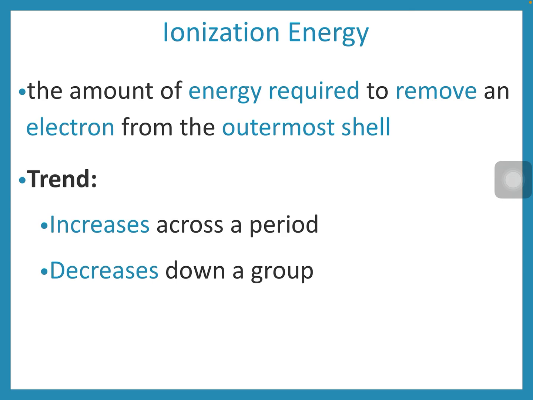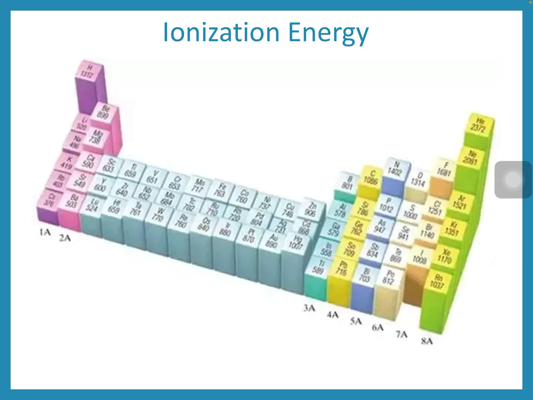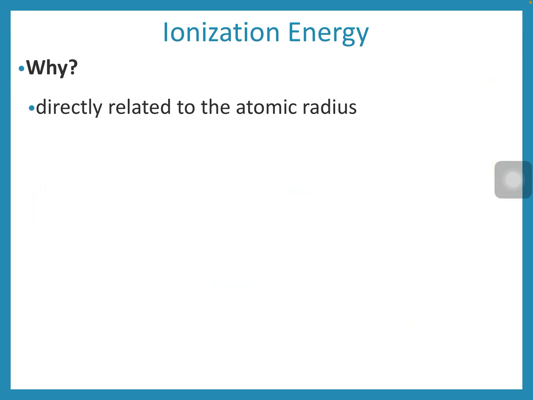As we move down a group and the size of the atom increases, there's a decrease in the energy needed to remove an electron. Here is a visual of that. We see an increase as we move across and a decrease as we move down, or it increases as we move up.